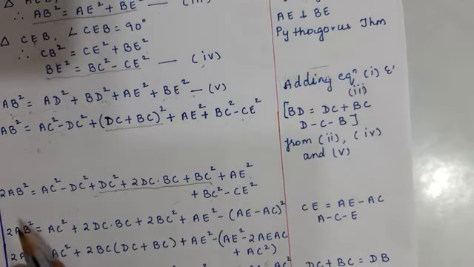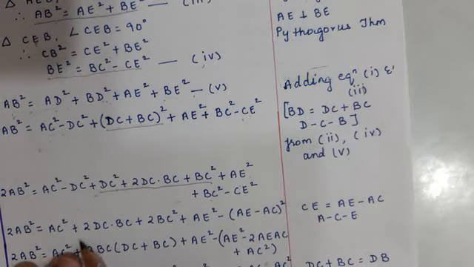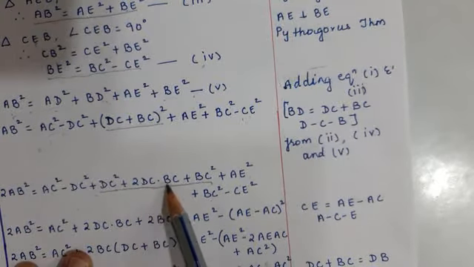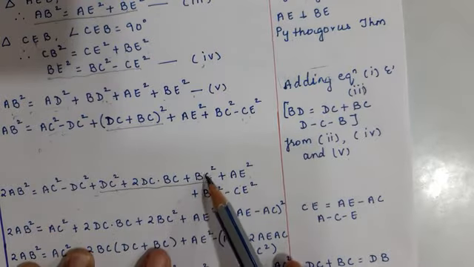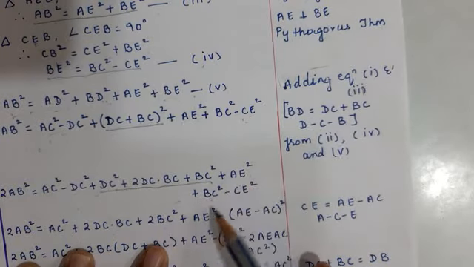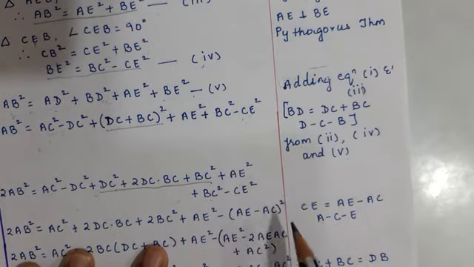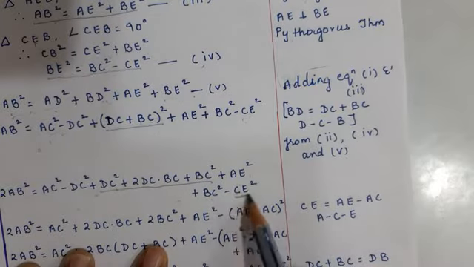Here we have 2AB square is equal to AC square plus 2DC into BC plus 2BC square, because BC square plus BC square is 2BC square, plus AE square minus CE square, because we know that CE is AE minus AC.